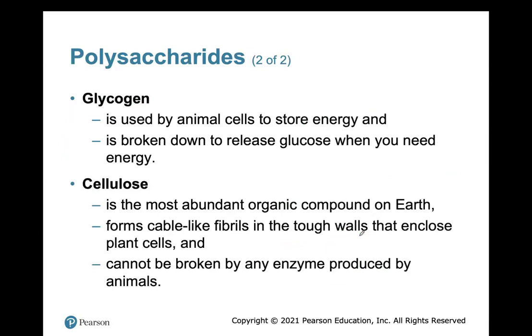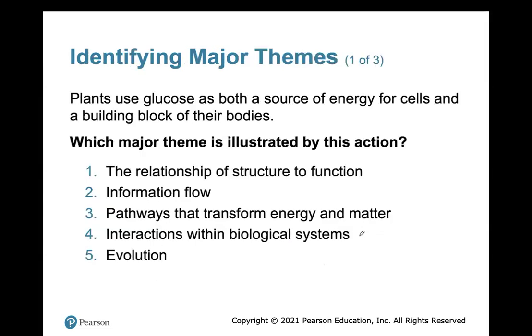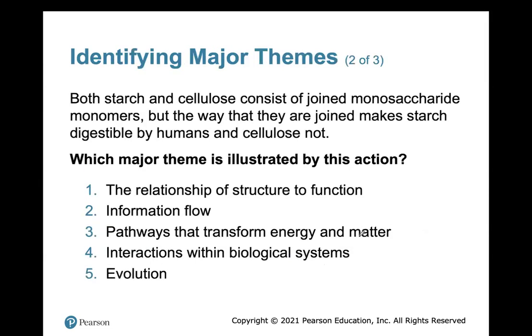We have glycogen. It's used by animal cells to store energy and is broken down to release glucose when you need it. And cellulose is the most abundant organic compound on Earth. It forms cable-like fibrils in the tough walls that enclose plants, and it cannot be broken down by any enzyme produced by animals.